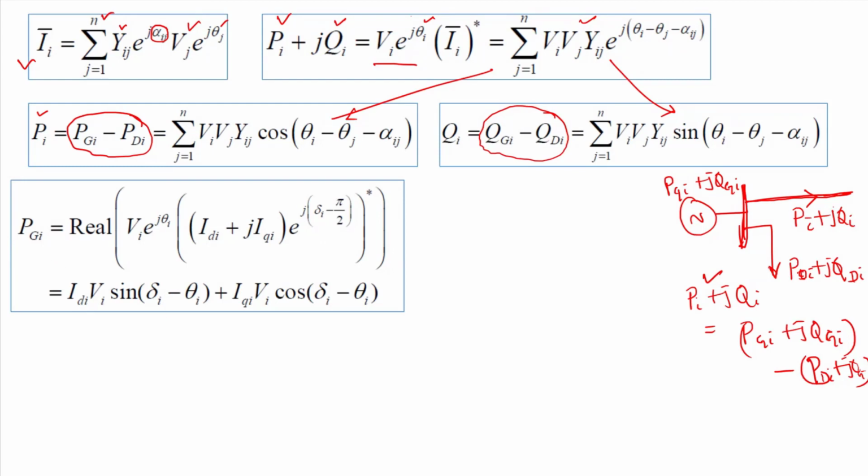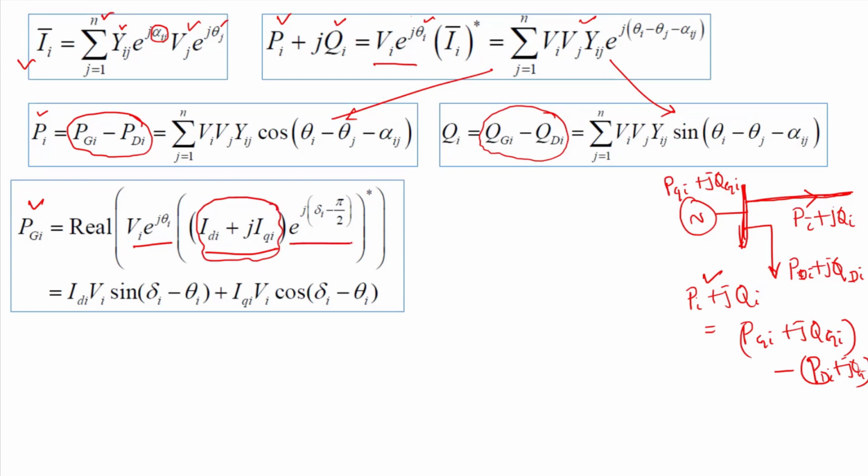Now if we write this Pgi in terms of dq axis parameters, already we derived earlier, right? The terminal voltage and the current injected to the network. So PGi will be the real part of this, right? Vi e to the power j theta i, and in terms of dq axis parameters, because in the generator we know the current in this form only, right? dq axis form.